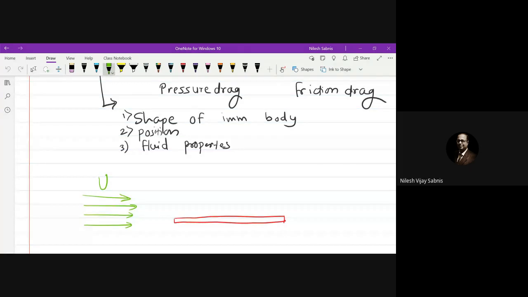In this case, shear stress will act like this, tau 0.